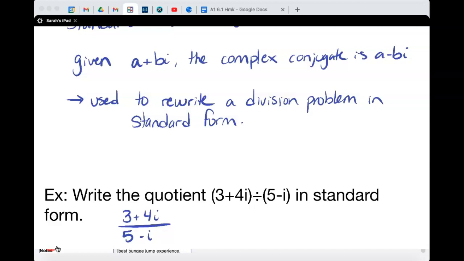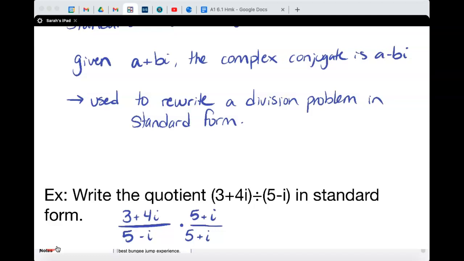So we need to figure out what is the complex conjugate of 5 minus i. Any ideas what the complex conjugate of 5 minus i is? 5 plus i. So just like with square roots, we multiply the numerator and denominator by the conjugate. So 5 plus i is in the denominator. If I do it to the bottom, I have to do it to the top.